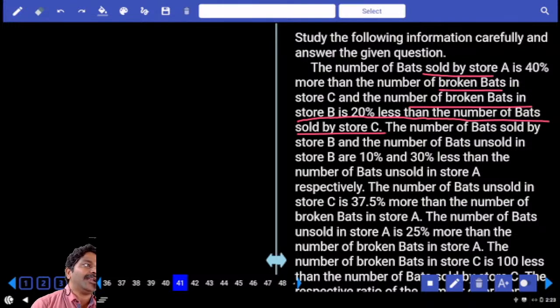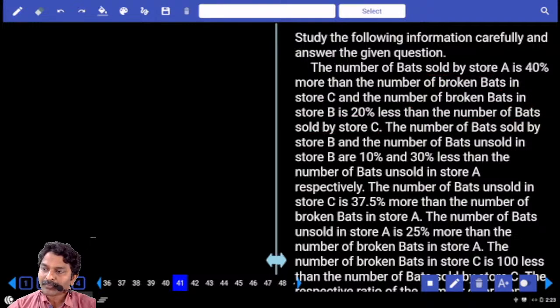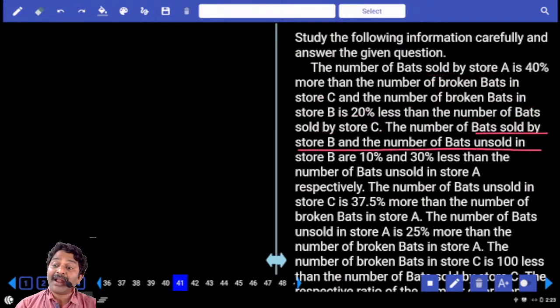So far, according to the data, I am trying to find out what they are trying to give us. 3 stores A, B, C. So far, we have information about bats sold and then broken bats. Is there any other extra information or not? Let's find it out. Number of bats sold by B, number of bats unsold, 10%, 30% less than the bats unsold in store A respectively.